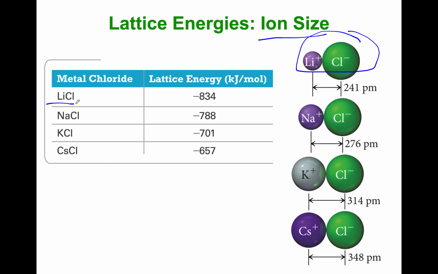The smaller the size, the greater the lattice energy. So that's negative 834, large magnitude, small size. The biggest on the list, cesium chloride, has the biggest distance between the ions and the smallest lattice energy.